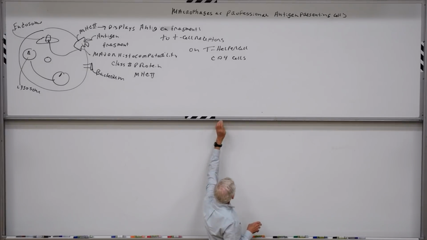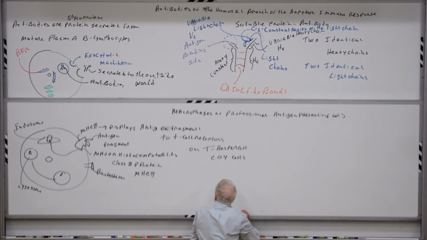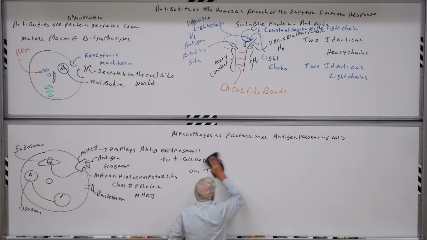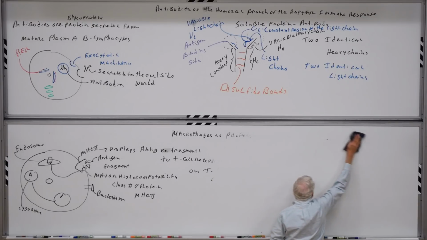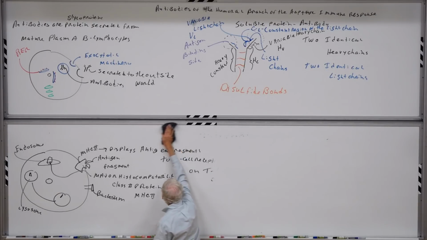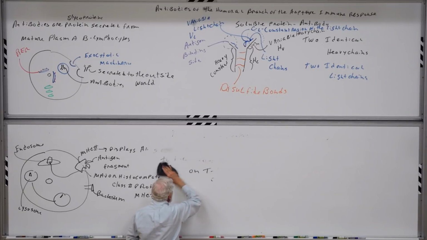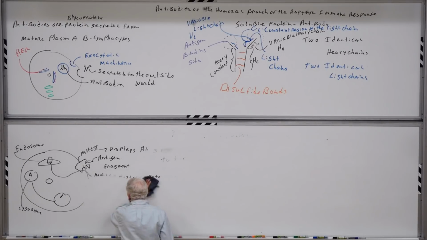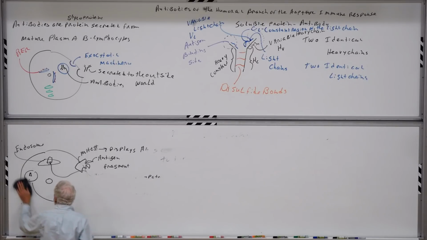But the question we want to approach here again on this panel is the generation of a plasma B cell. And so we'll take this panel, and the story I'm going to tell you is pretty similar.